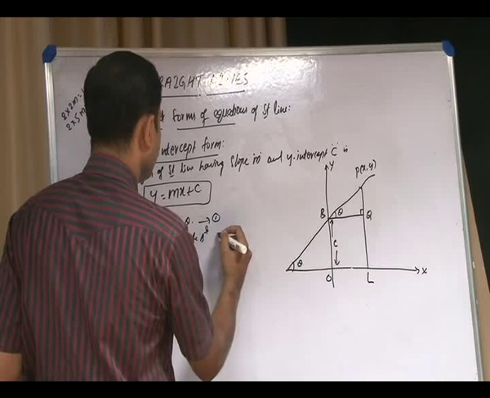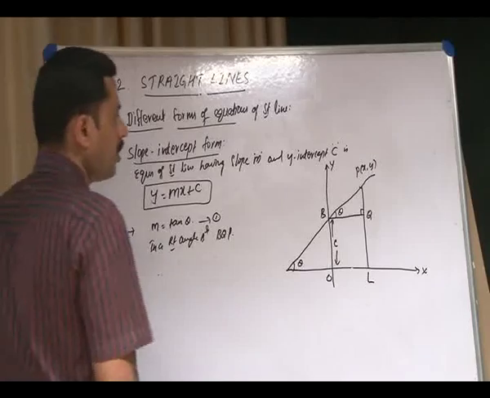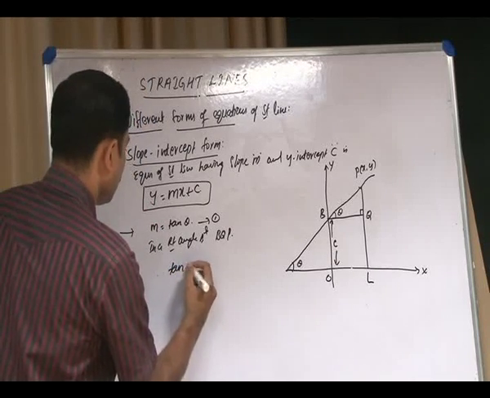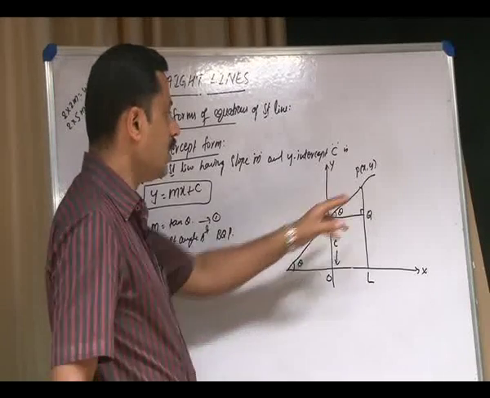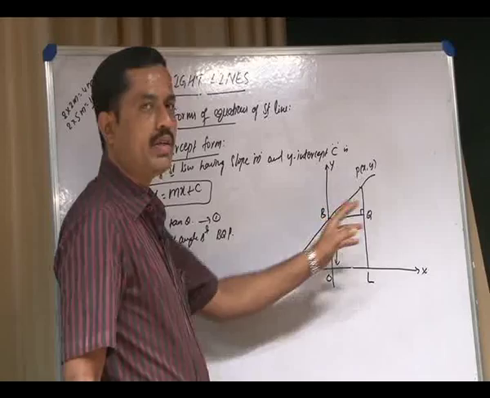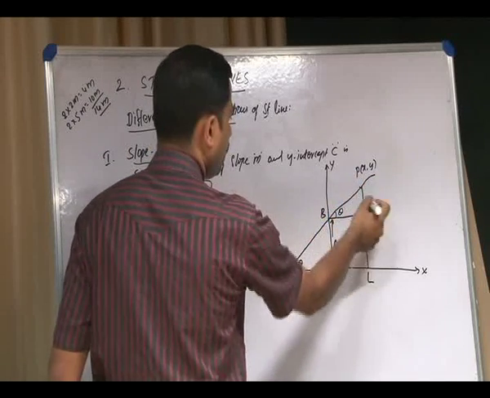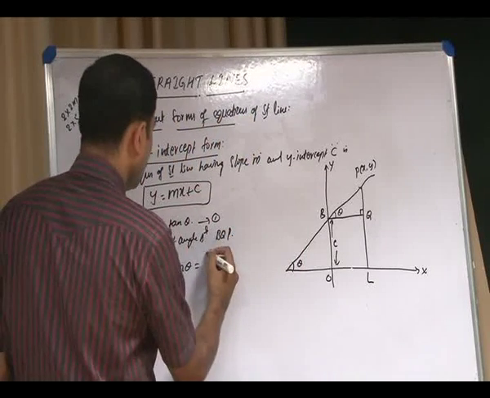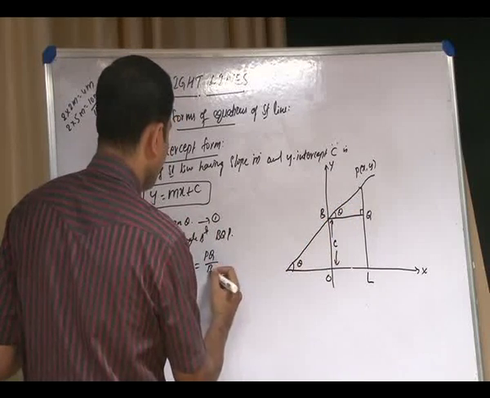BQP, in a right angle triangle BQP, by definition tan theta is equal to opposite side divided by adjacent side. So, this is theta, this becomes opposite side PQ and BQ becomes adjacent side, therefore, tan theta is equal to opposite side PQ divided by adjacent side BQ.